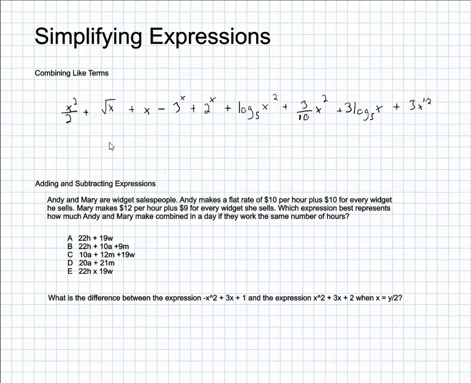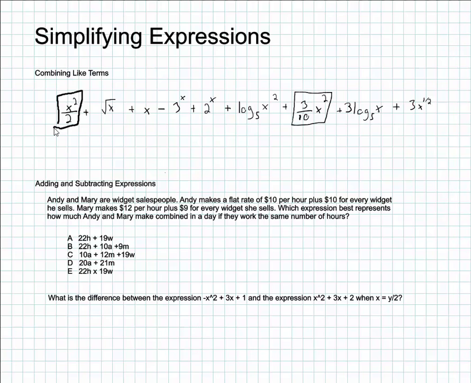Right away I notice that I have an x squared term here with an x squared term here. So I can do x squared over 2 plus 3/10 x squared.